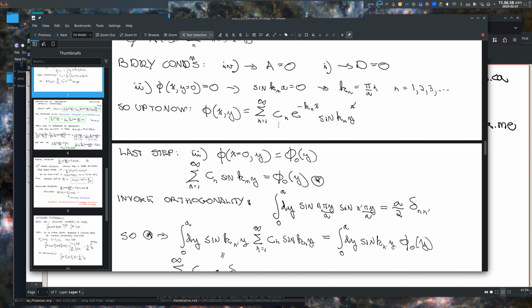In order to do that, we use a kind of reverse engineering trick. Because we know that our solution is a summation of all these basis functions, we want to chop up this particular thing in order to fish out only one of the Cn's.